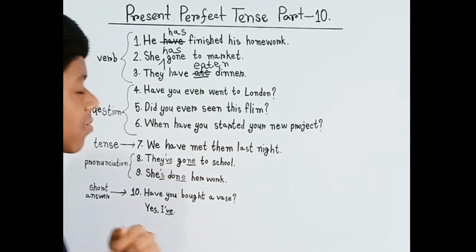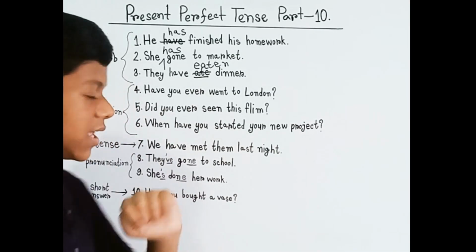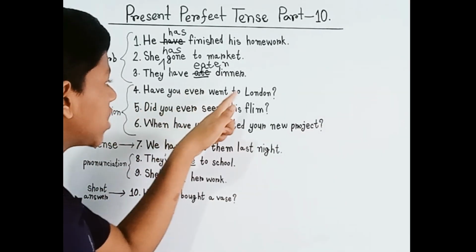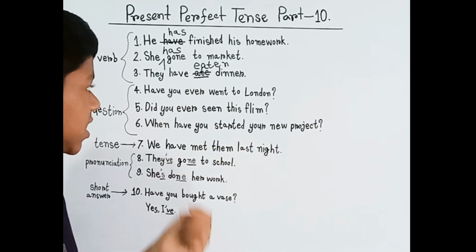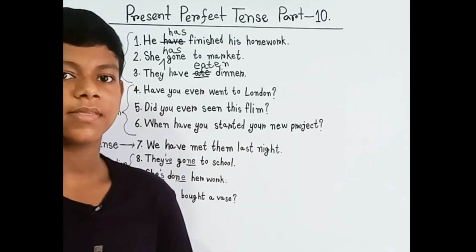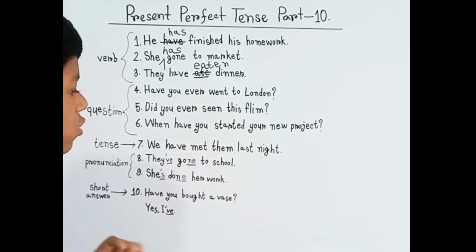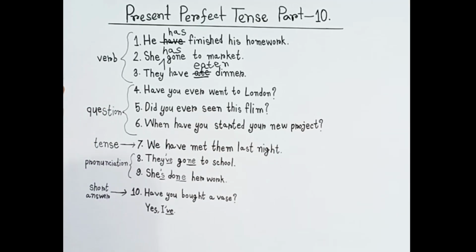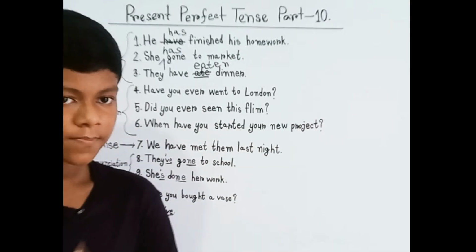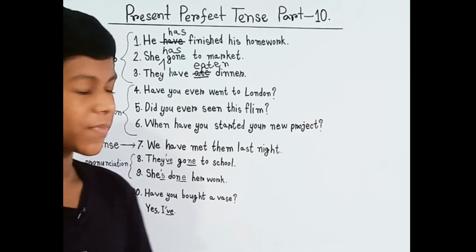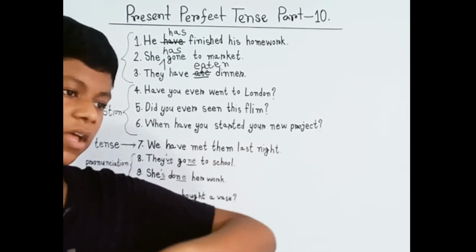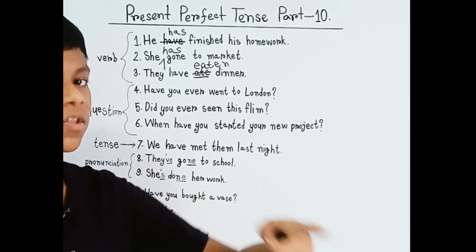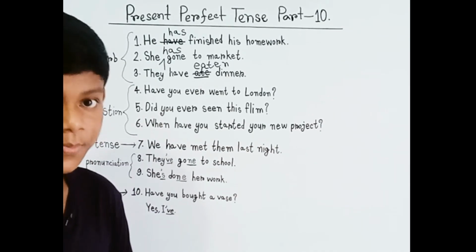Sometimes students say, have you ever went to London? Is there any mistake here? Of course there is. The verb is wrong here. Went is the past form. The third form, the past participle, is gone.